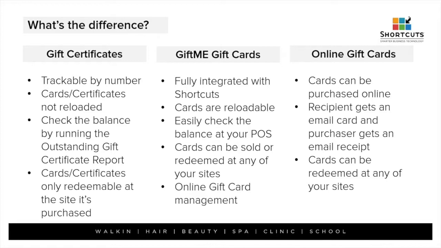You do have the ability to check the balance of any outstanding gift certificates. There is a report. And gift certificates can only be redeemed at the site it's purchased. If you're a multiple site salon, spa, or barbershop, you can only use gift certificates at one particular location. This is why Shortcuts created a second tier, something called GiftMe.